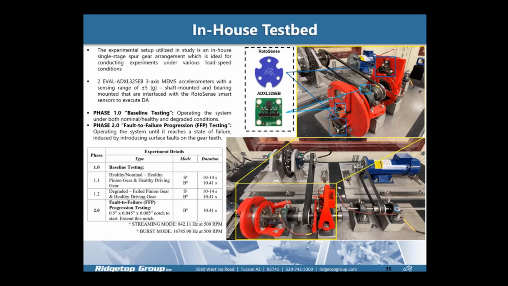We mounted two accelerometers, 80XL 325 EBs, on the shaft and the bearing, and they were interfaced to the rotosense sensors to proceed with the data acquisition.